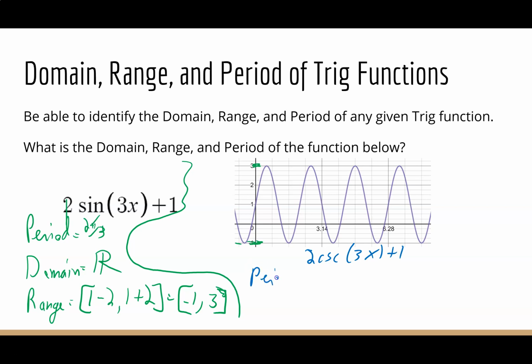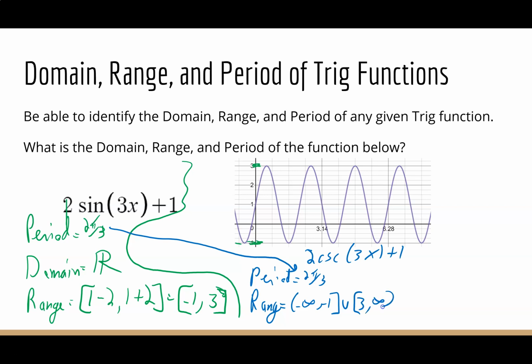So the period is the same thing as the other period, 2 pi over 3. The range is almost the same thing, but it's the opposite. Instead of between -1 and 3, it's going to be negative infinity to -1 and 3 to infinity.